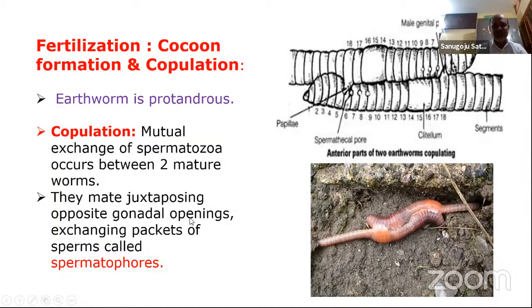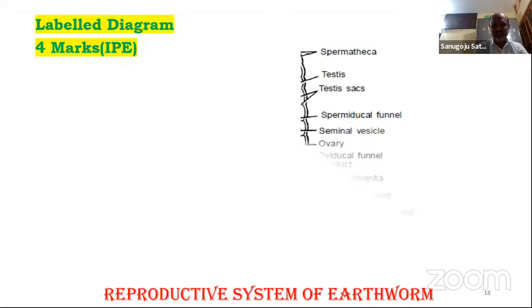They mate juxtaposing opposite gonadal openings, exchanging sperm cells, also called spermatophores, before and after the clitellum. While exchanging, the cocoon formation is also seen by the clitellum. We have to discuss the cocoon formation here also.